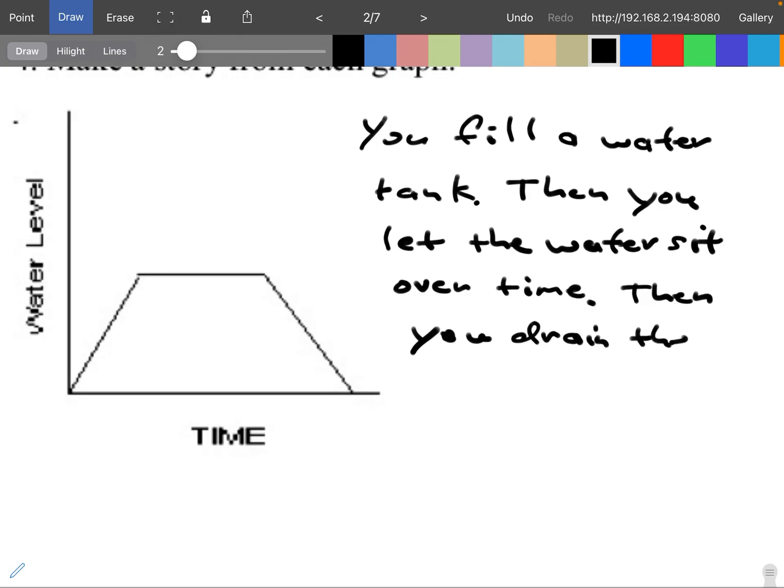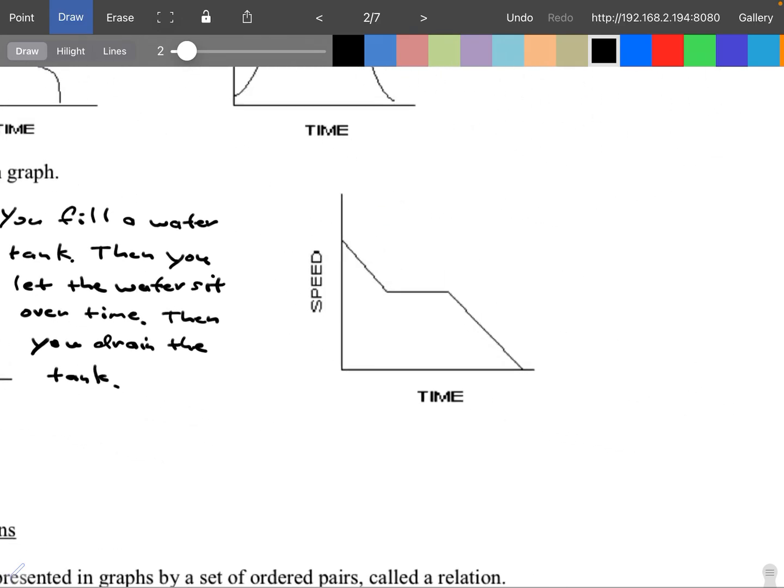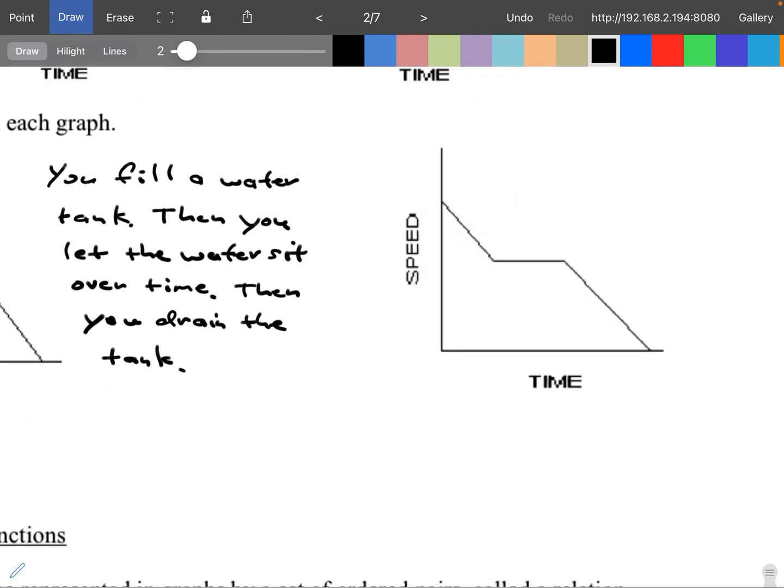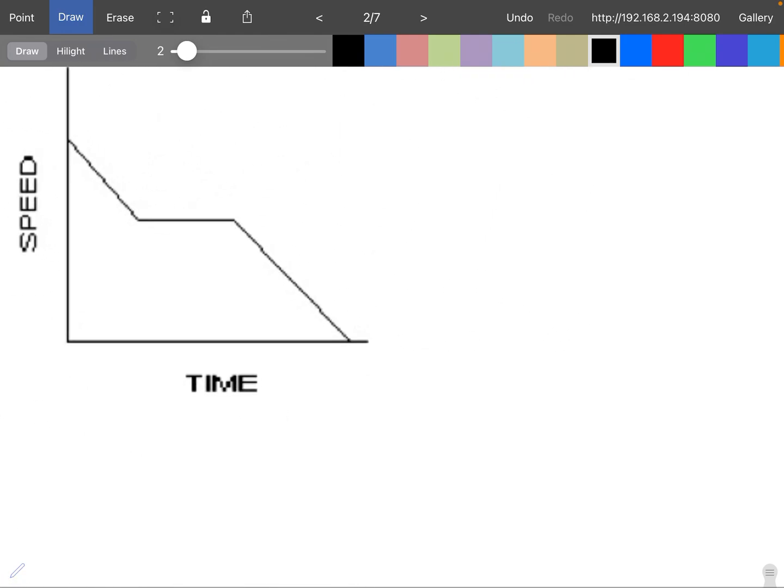The water level will be 0. So I'll just say, then you drain the tank. I think that's good enough. All right, so it says you fill the water tank, then you let the water sit over time, then you drain the tank. That's it.